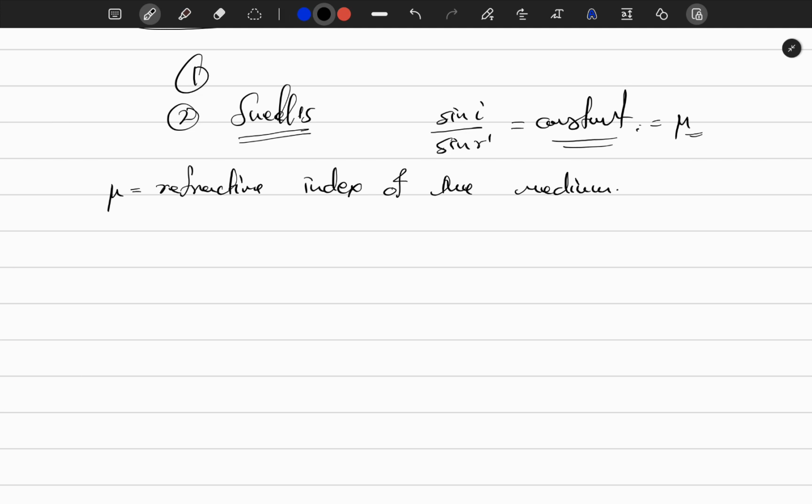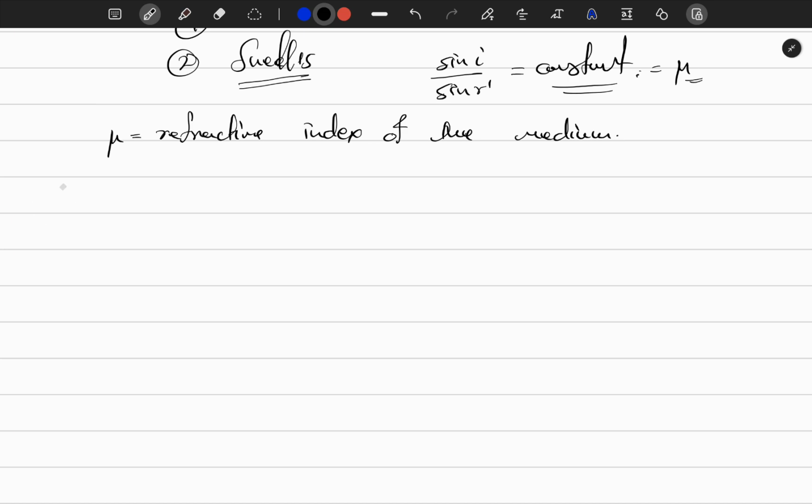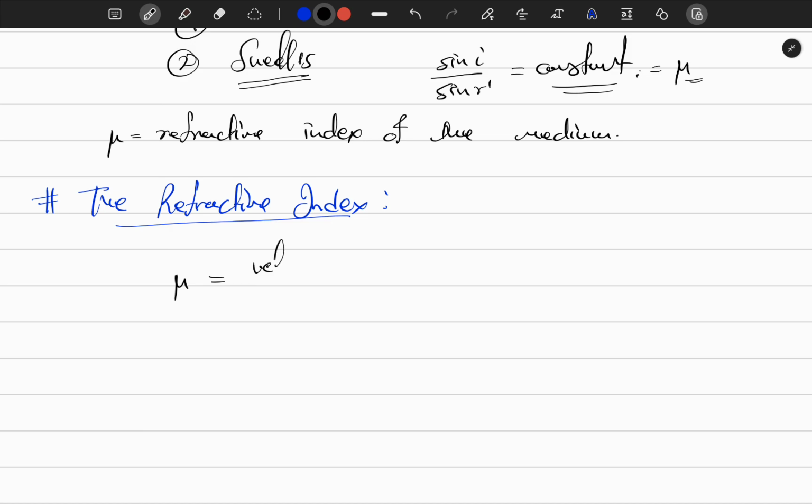Let us now discuss the refractive index in detail. The refractive index of a medium is defined as the ratio of the velocity of light in vacuum to the velocity of light in the medium.